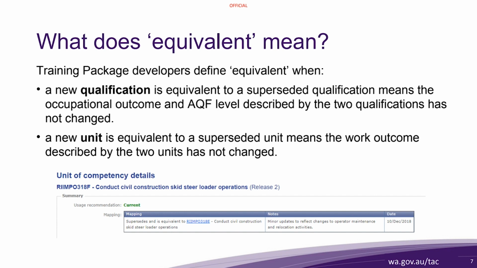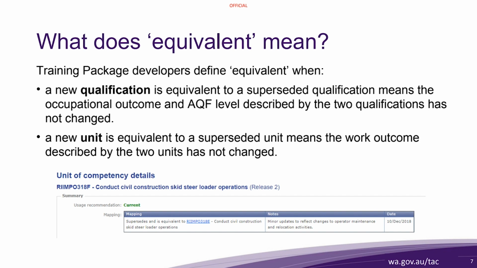So what you can see here is equivalence basically means that the qualification is functionally the same as the previous version, or the unit of competency is functionally the same as its previous version. When you actually look at what it talks about in terms of the training package products policy, it talks about doing an analysis.